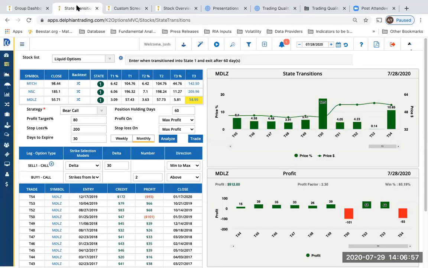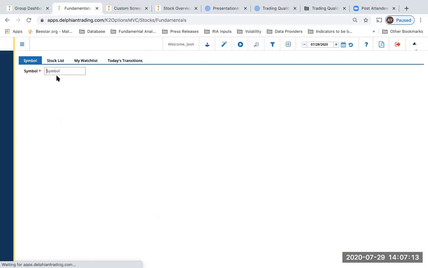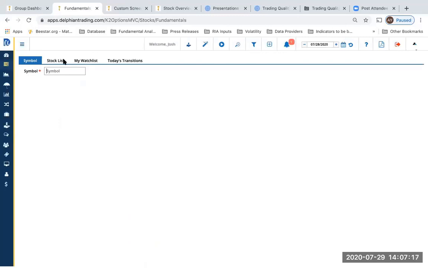So let's take a chart. Can you type which stock you want to analyze? You can pick any stock you want. Josh, what do we got? Josh?